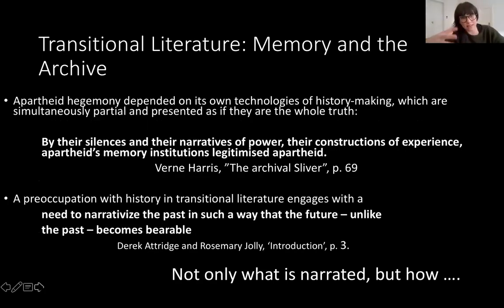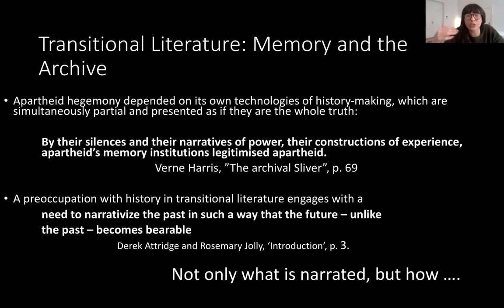So this kind of interest in the processes of the TRC, of this retrieval of past violences and listening to testimony about past crimes, manifests in South African literature as an interest in memory and the archive and history. So it's important in thinking about this that apartheid hegemony depended on its own technologies of history making, right?